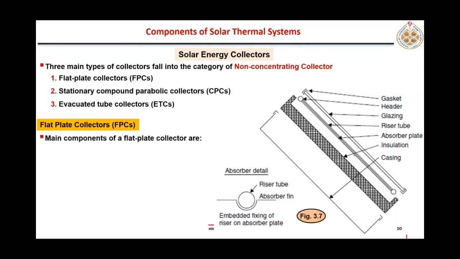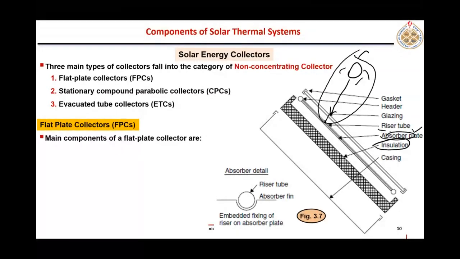Okay, what else? At the bottom of that plate, there is insulation, because from the top, solar radiation is falling and getting absorbed here, and that is what we covered in the first two chapters. Now, after absorbing, what happens? The temperature of this absorber plate will increase and there will be heat transfer from the absorber plate to the riser tube, and inside the tube there is a fluid flowing.